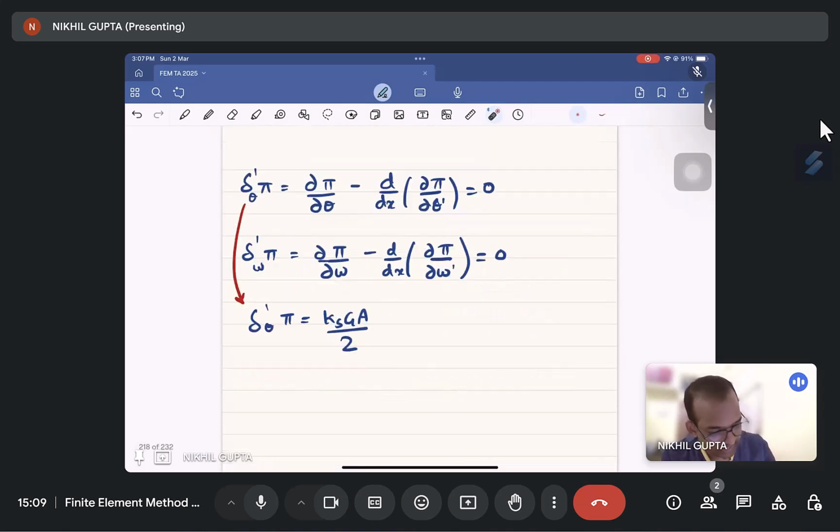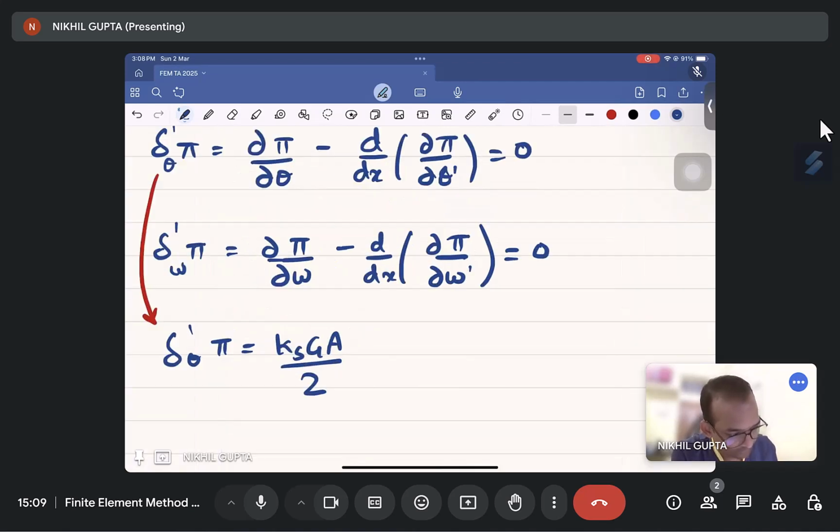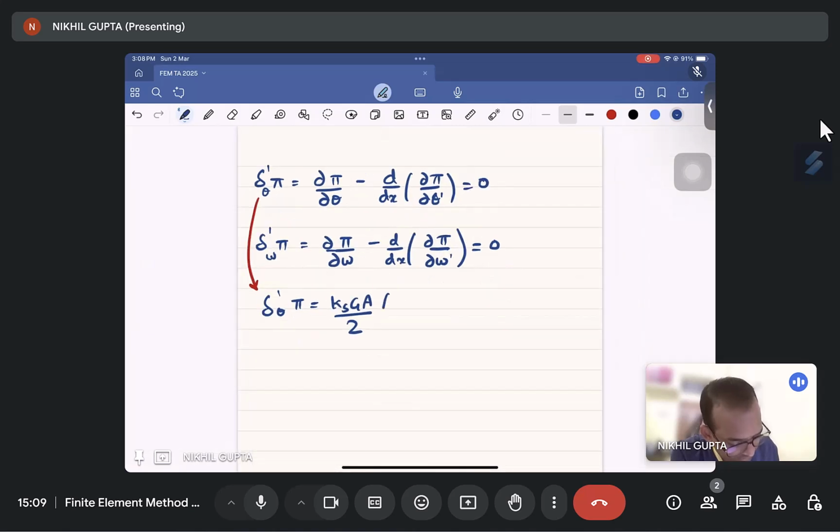So what we can write here is ksga divided by 2 with dw by dx minus theta and into 2 and minus 1.